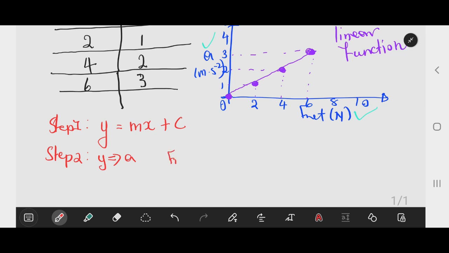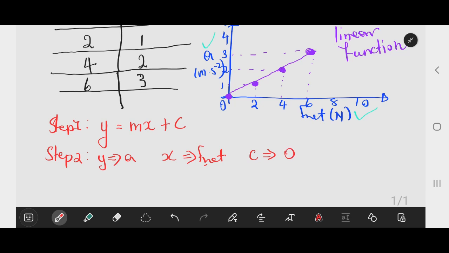So instead of x, we substitute that with the net force. Okay, and then as you can see, the y-intercept of the graph, which is the value of c, is 0, then it means instead of c, we substitute that with 0. So that is step number 2.